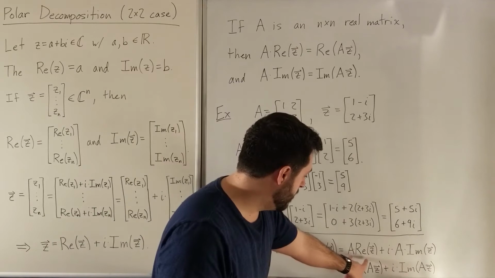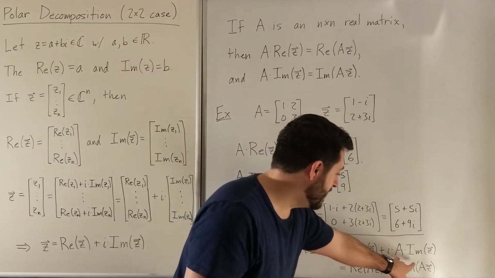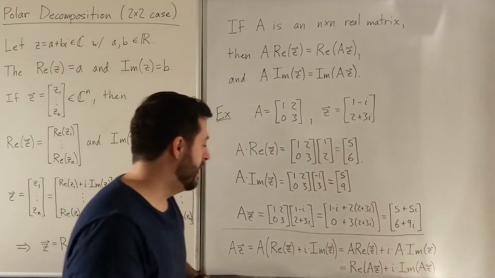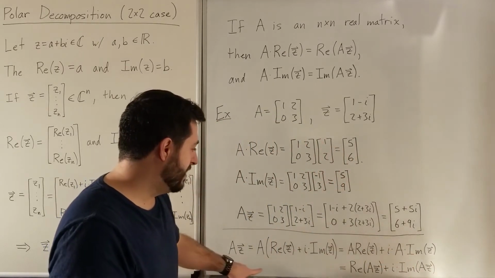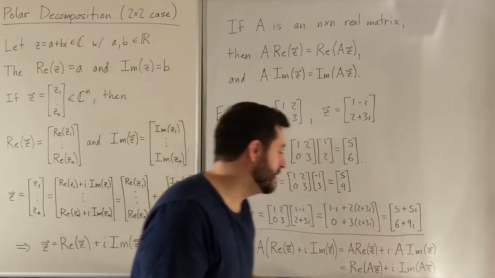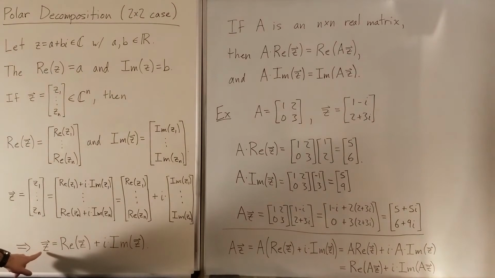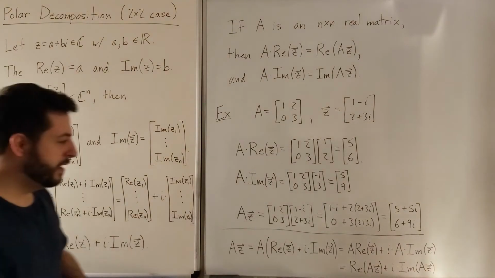And what's left here is we have A times the real part plus i times A times the imaginary part. But A times z can always be thought of as the real part of A times z plus i times the imaginary part of A times z. So just using this formula right here where z is replaced by A times z.